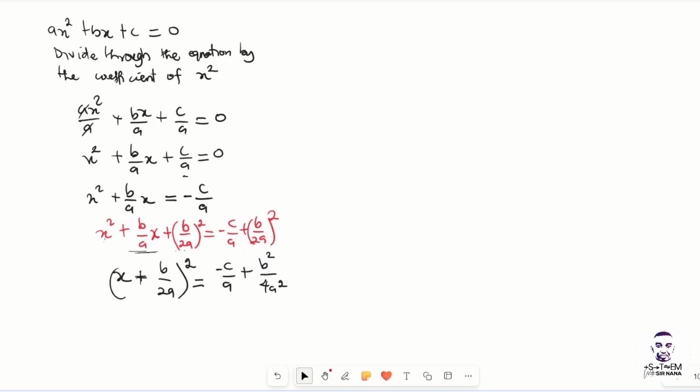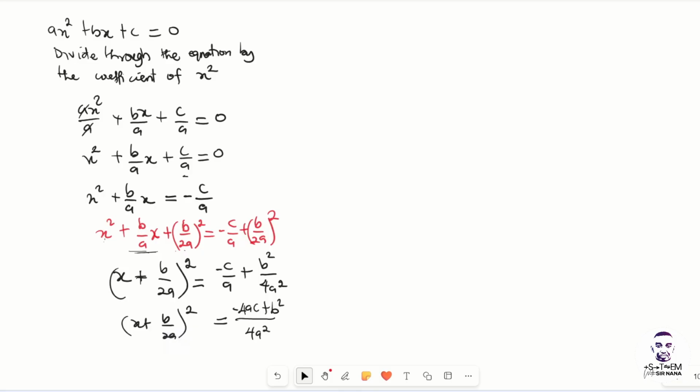So we can work the LCM for the right hand side, which we know is 4a squared. A will go into 4a squared 4a times, multiplying negative c will be minus 4ac. Then 4a squared going into 4a squared 1, so plus b squared. So on this side we have x plus b over 2a all squared.